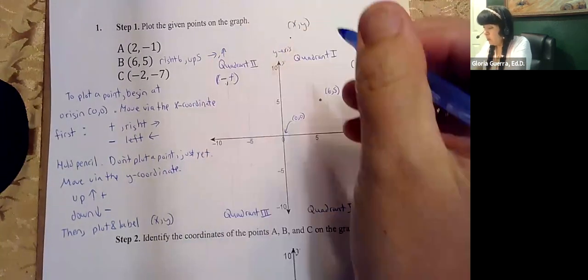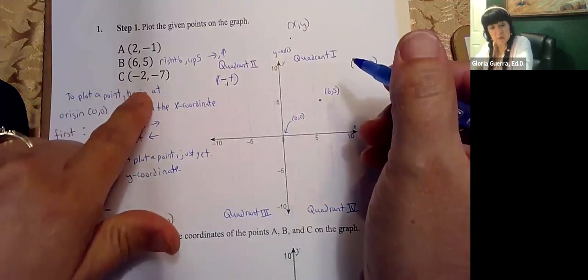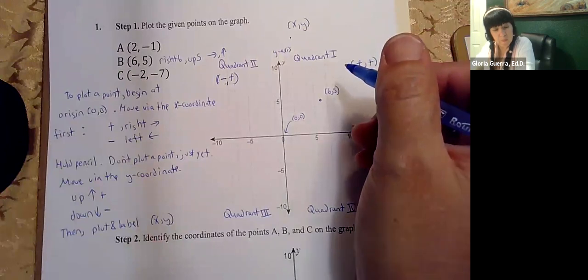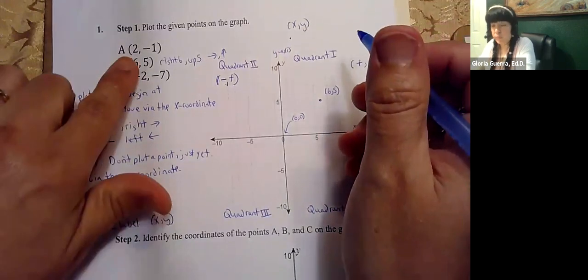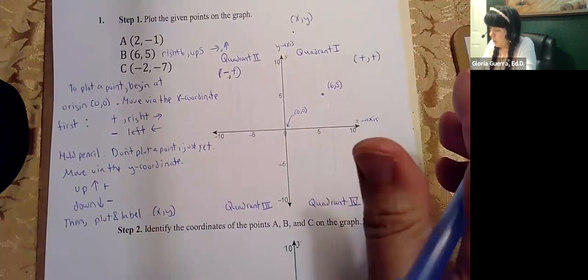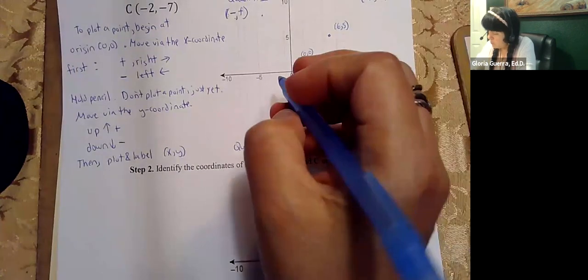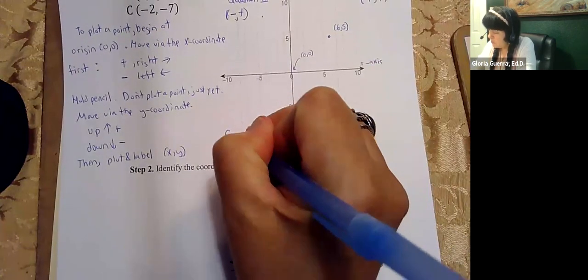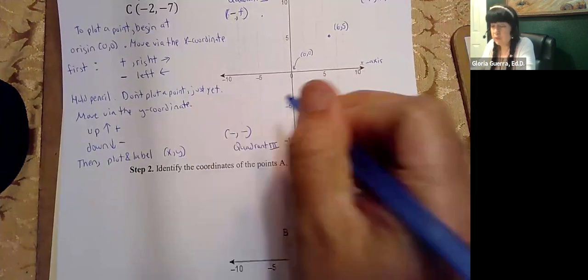I don't look like I have any negative, positives on this one, so no examples to show you for that. If a point lives in quadrant 3, your coordinates would be negative, x negative and y negative. So you have double negative.